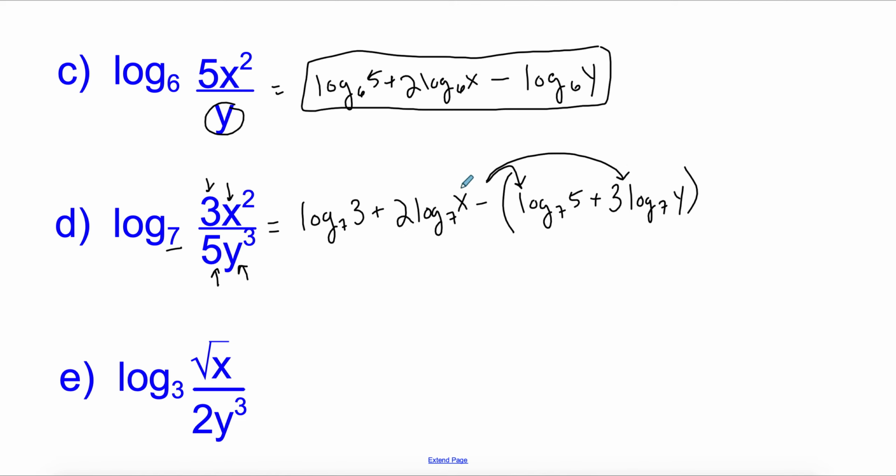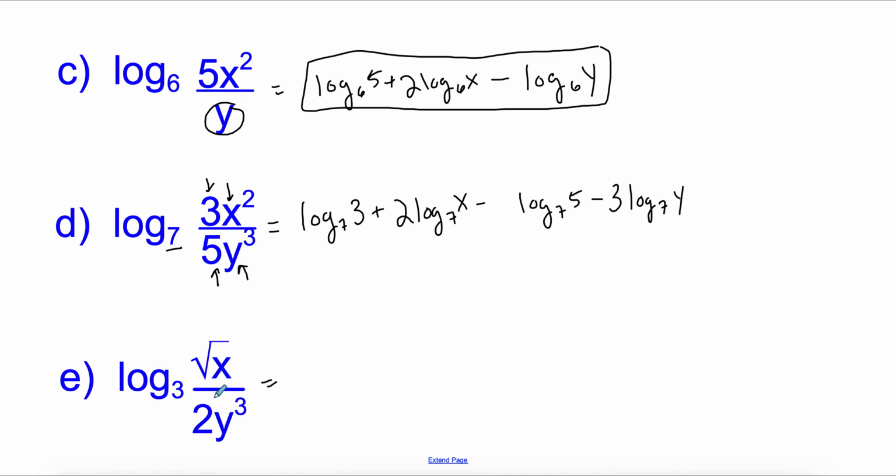So really, an easy thing to do is whenever you are dividing inside of a log, you're just going to subtract everything that's on the bottom, because that group would have a negative in front of it. So anything on the bottom, like this one, we're going to subtract both of those. We're subtracting the log of 5 and the log of y cubed. Okay, you're just subtracting those.